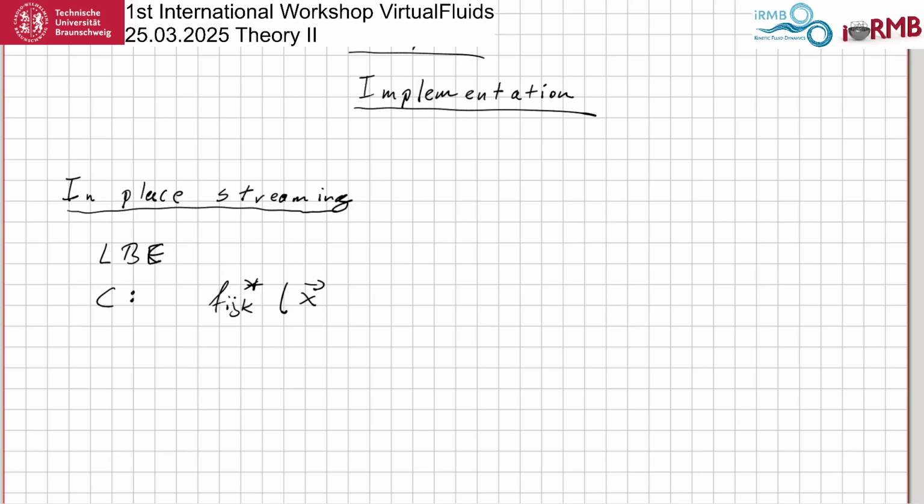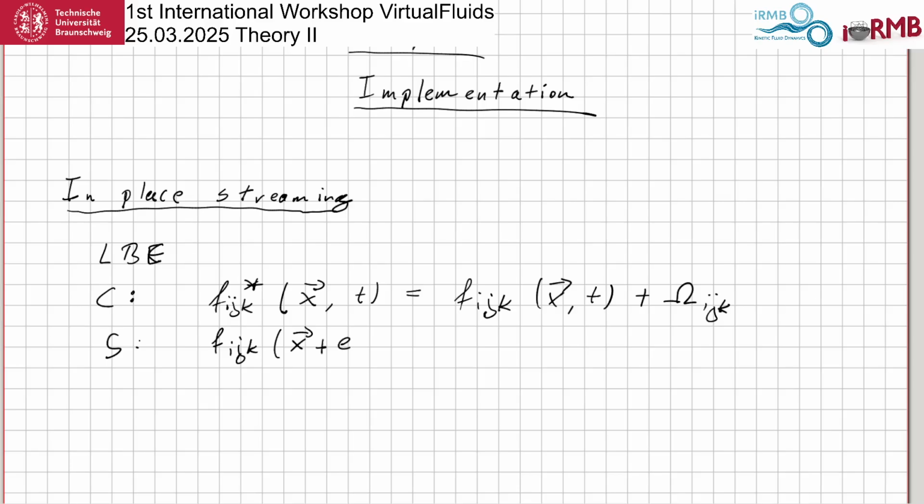And implemented in the code, it is, of course, F_ijk at the lattice node and the time, plus some collision operator, and then we get the streaming as F_ijk. This is the pre-collision at the next time step.